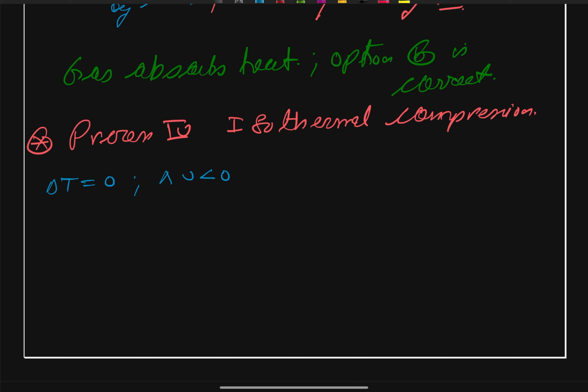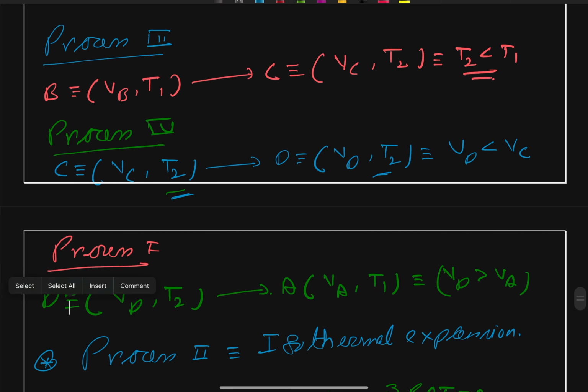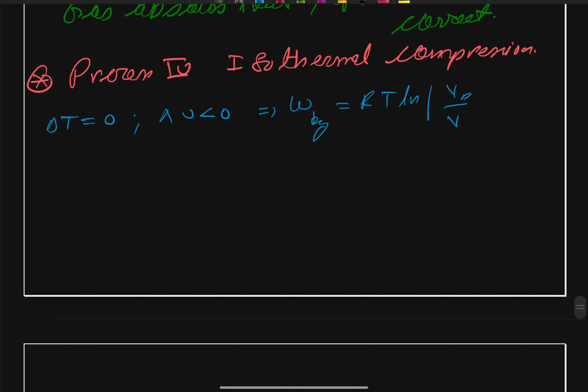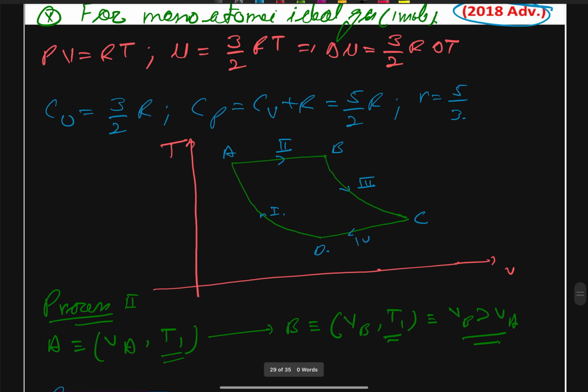Okay. And once again, the same equation, that the work done by the gas will be equal to RT, natural log of final volume upon initial volume. And in process 4, our final volume is D and our initial volume is C. So this becomes VD upon VC. But we know that VD is less than VC.